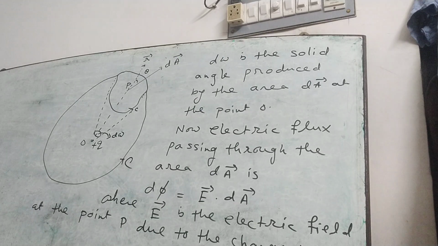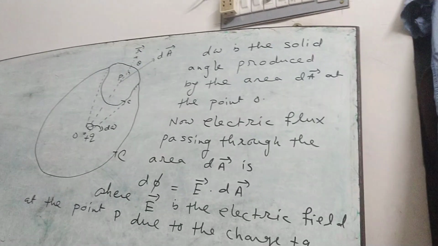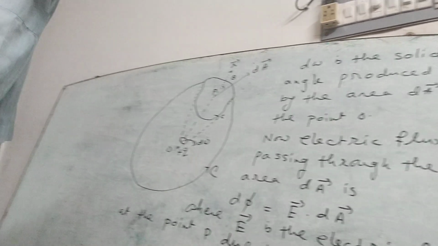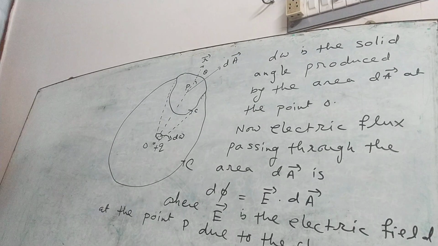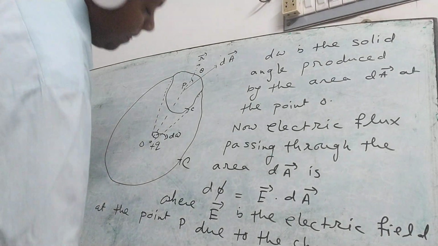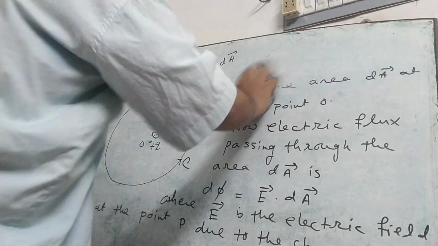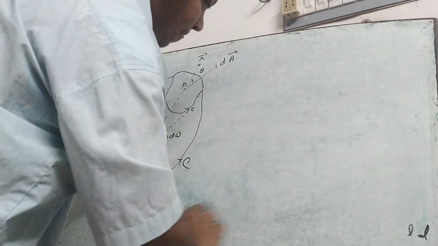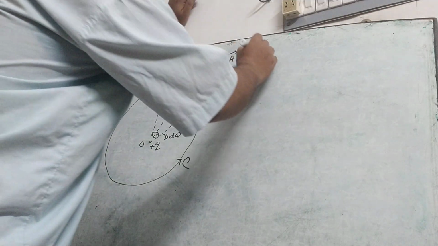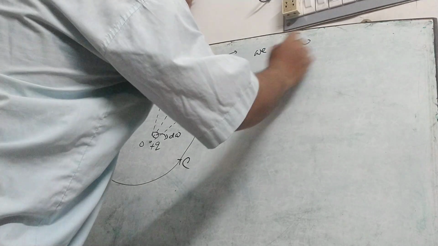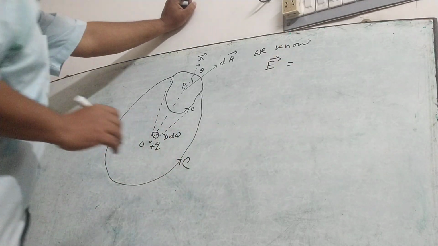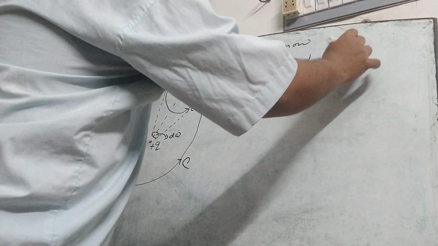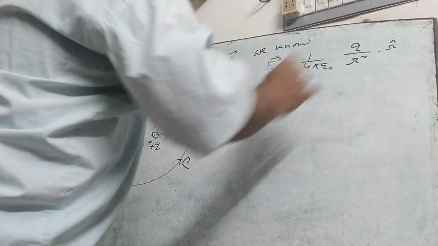Now we know that E vector is equal to 1 by 4 pi epsilon 0 Q by R square into R cap.